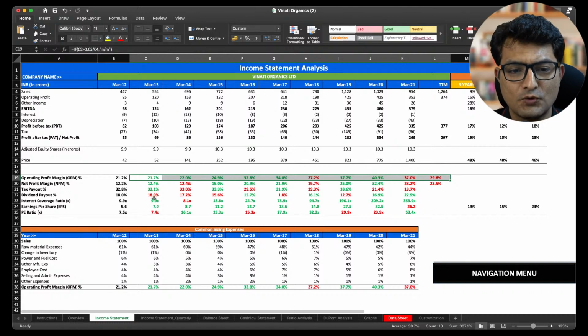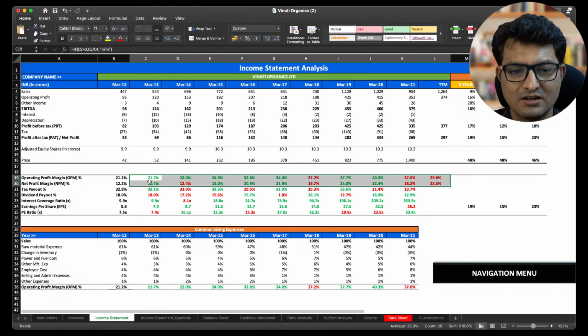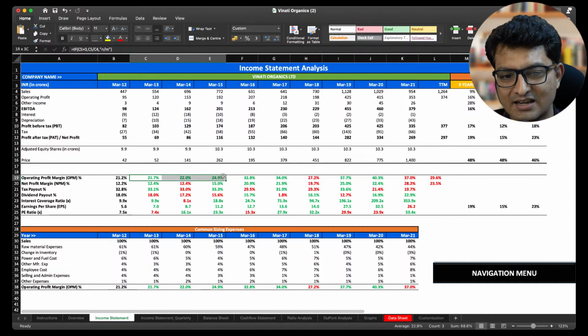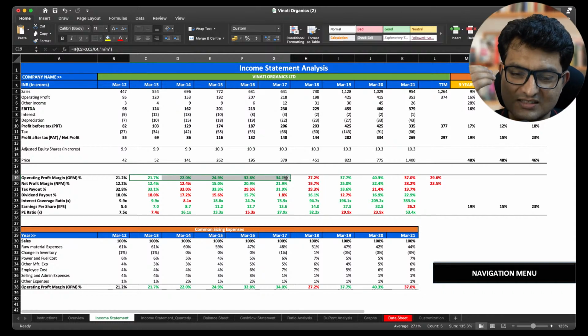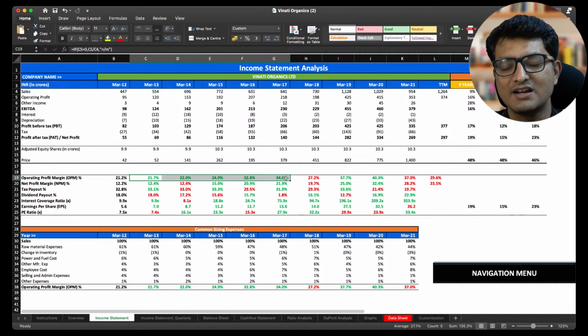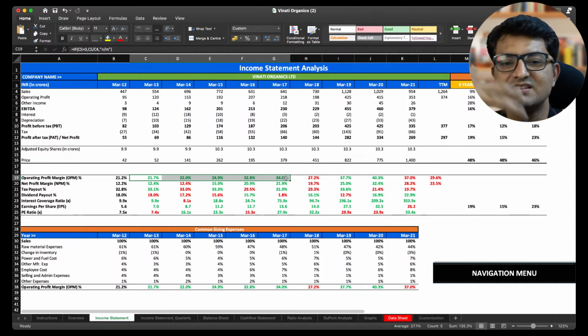And that is where, if you see, I have made this row green and red. So if the operating margins are increasing over a period of time, you know that this company is consistently doing something better. And what is operating margin? It is basically a function of increasing your sales as well as increasing your efficiency.